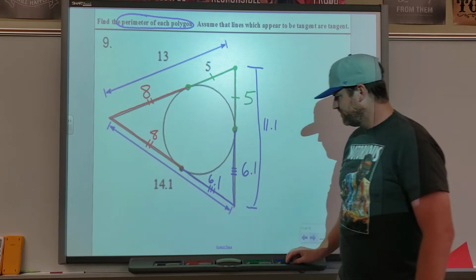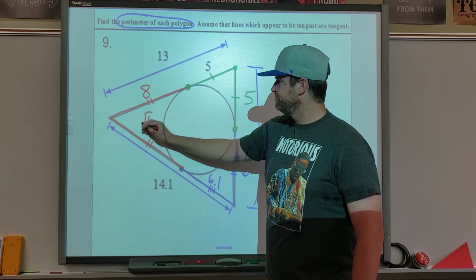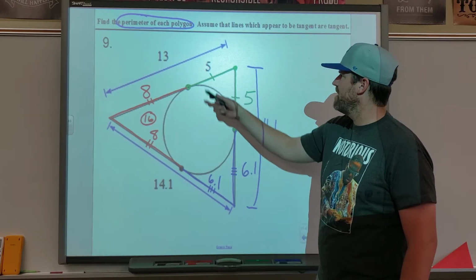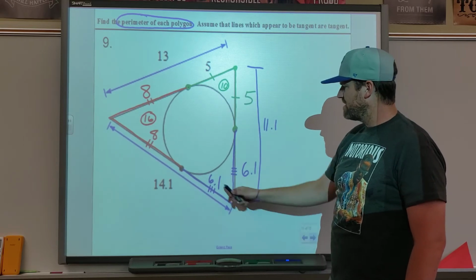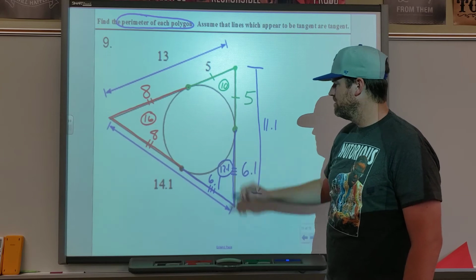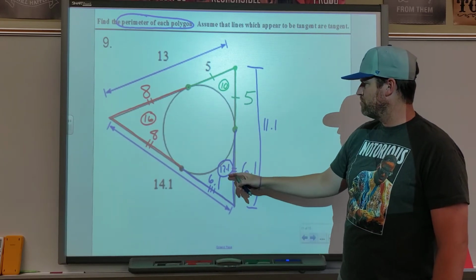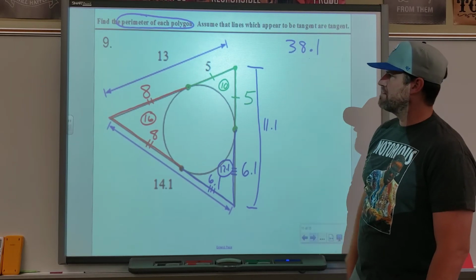Or I could also do 8 plus 8 is 16. I can do 5 plus 5 is 10. And then I can do 6.1 plus 6.1 is 12.1. And if I do it that way, I get 38.1 units.